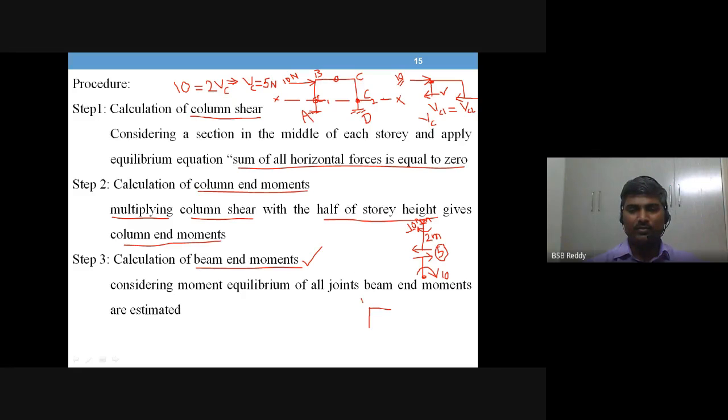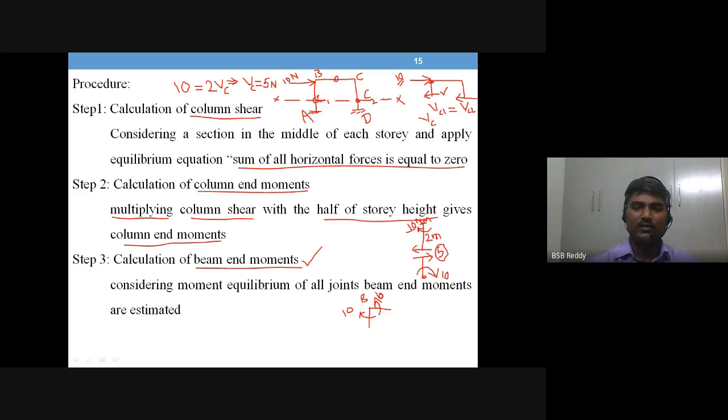So this is joint B, where you have a column moment of 10 clockwise. So this one is 10. Now this is a beam, BC. For sigma MB to be 0, because equilibrium should be there at the joint, what you need to have here is an anti-clockwise 10.